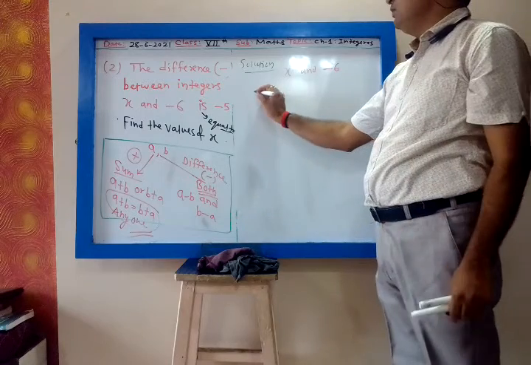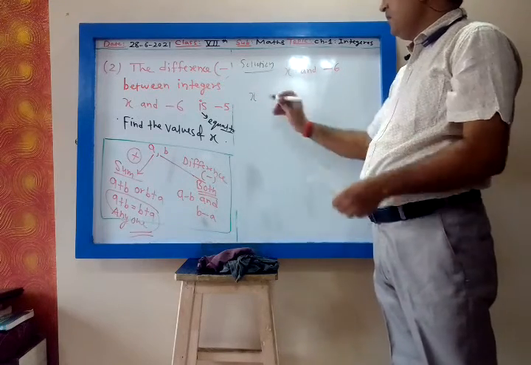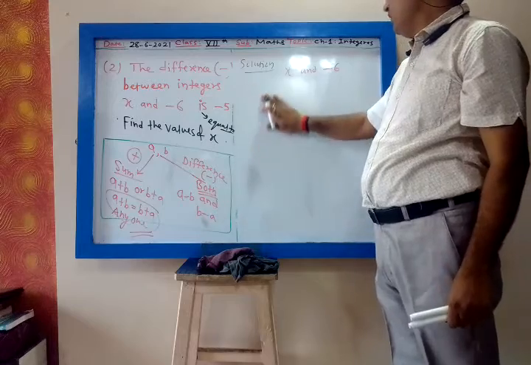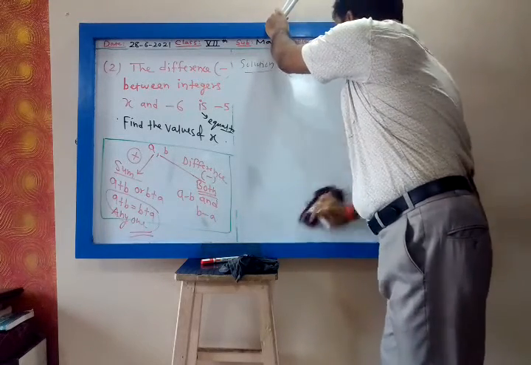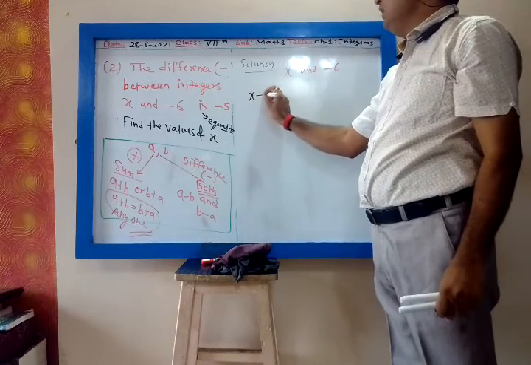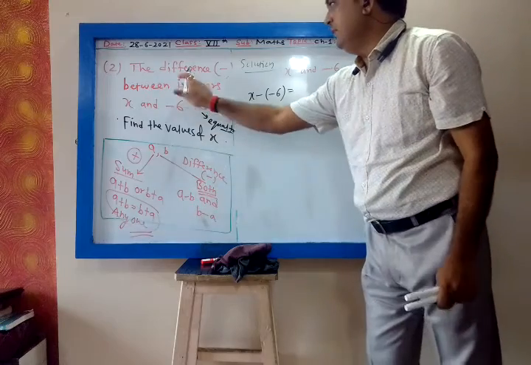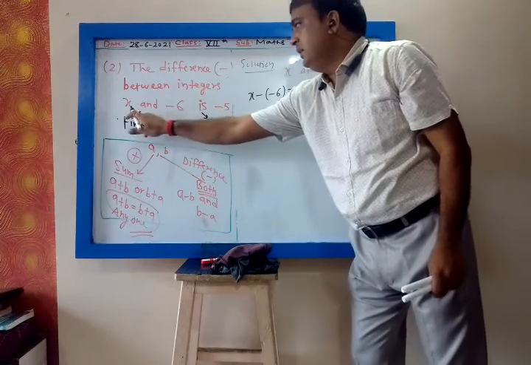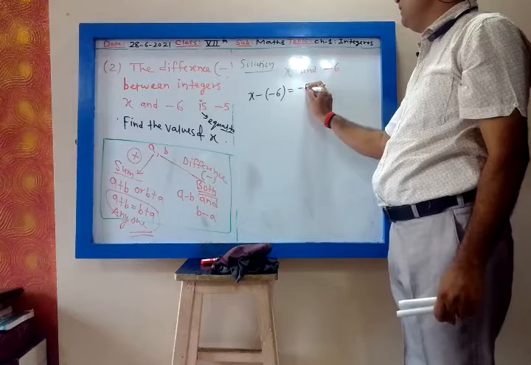Difference means minus. So you will get x minus (minus 6) is equal to minus 5, since the difference of x and minus 6 is minus 5.